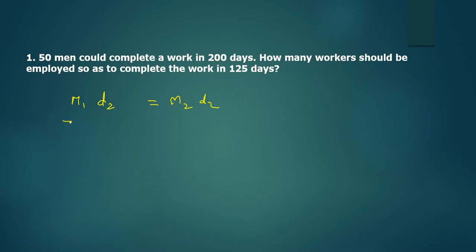So 50 men can do a work in 200 days, and I have to find how many men are required to complete the work in 125 days. 25 5s, 25 8s, 5 1s, 5 10s. So M2 is equal to 80. So the number of men required is 80.